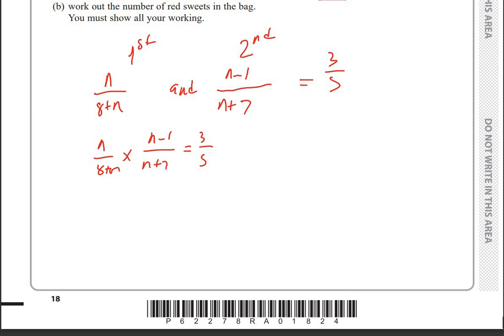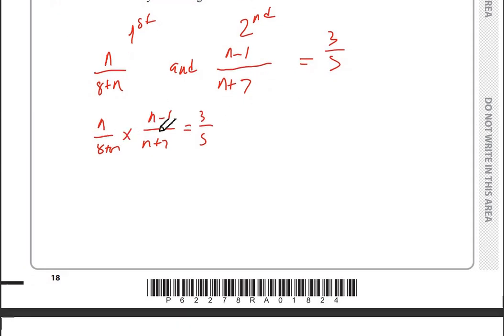Alright, so we can multiply these fractions together, which gives us n times n minus 1 over 8 plus n times 7 plus n equals 3/5.